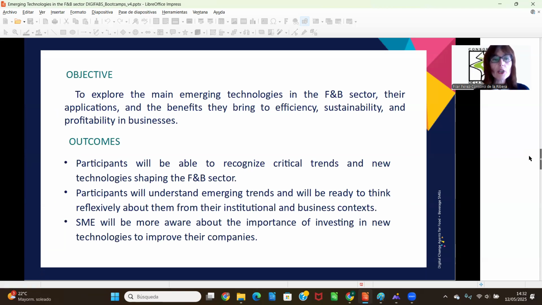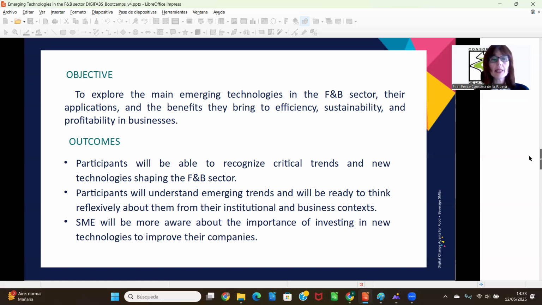By the end of this session, participants will be able to identify the technological trends shaping the industry, develop a reflective mindset that considers their specific context, and gain a deeper awareness of the importance of investing in innovation.